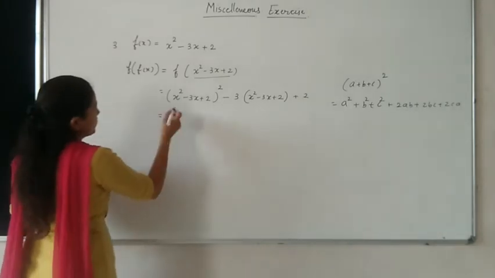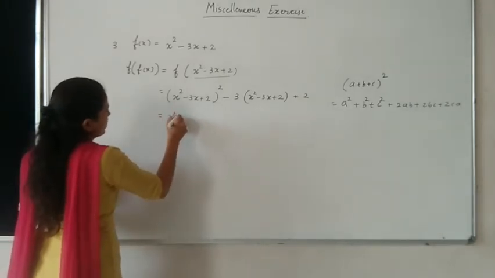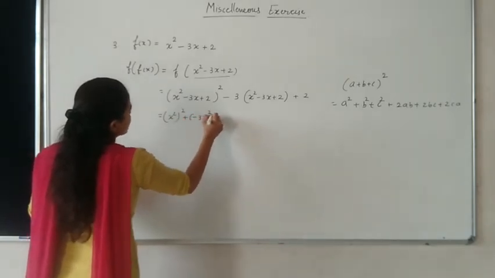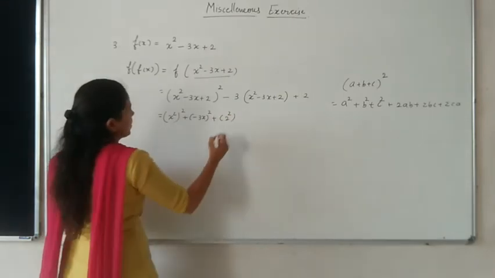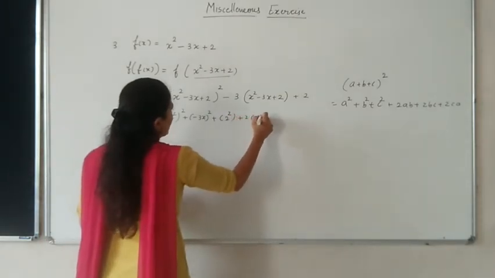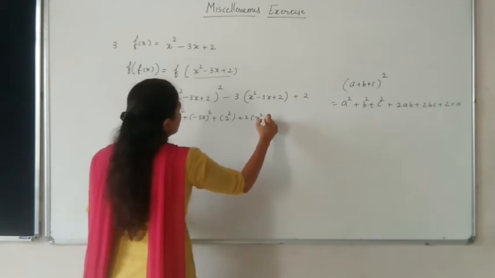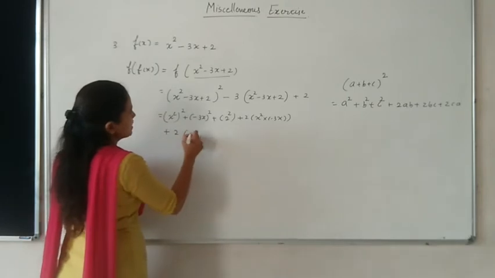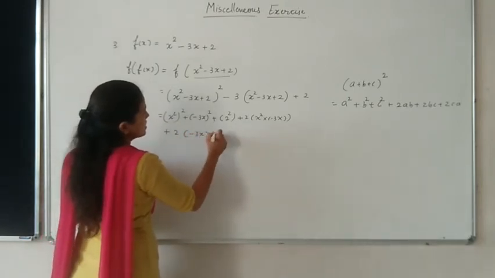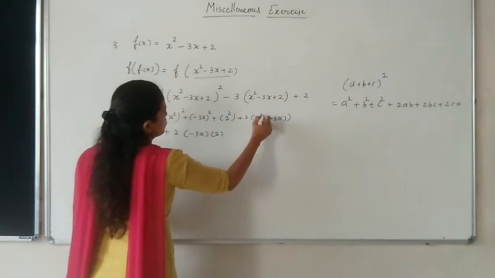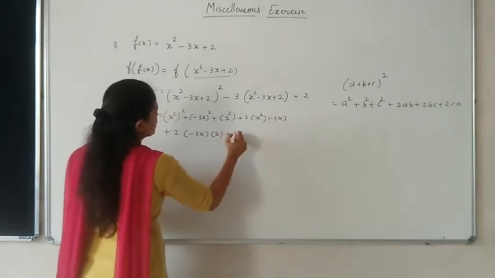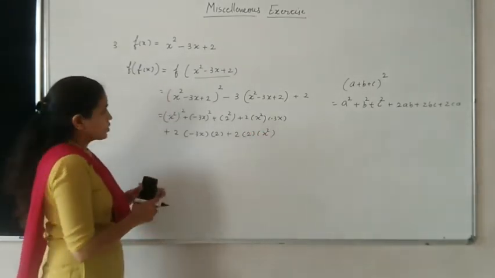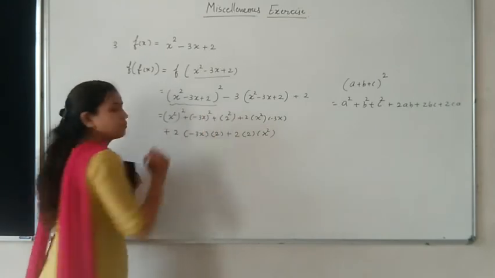Here we have a square, so x to the 4, plus b square, that is minus 3x whole square, plus c square, plus 2ab, where a is equal to x square and b is equal to minus 3x, plus 2bc, where b is equal to minus 3x and c is equal to 2, plus 2ca, where c is equal to 2 and a is equal to x square. So this is the expansion of this first term.